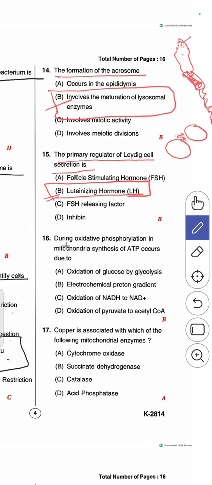Next one, the 16th: during oxidative phosphorylation in mitochondria, synthesis of ATP occurs due to.